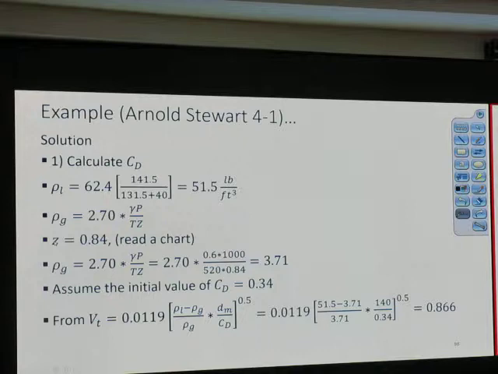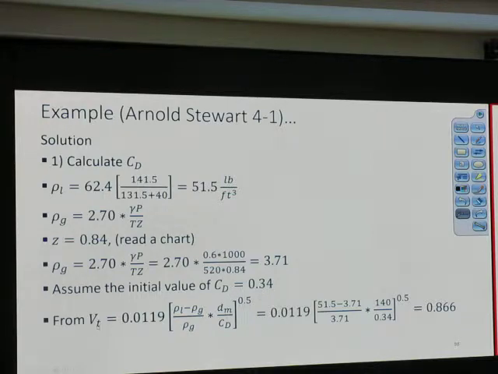Read the chart, no problem with that. So we have all these things. And can we assume the initial value of C_D equal to 0.34? That's no problem, right? If you don't want to use goal seek, assume the initial value of C_D of 0.34.